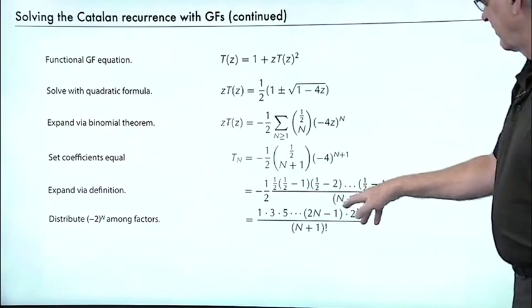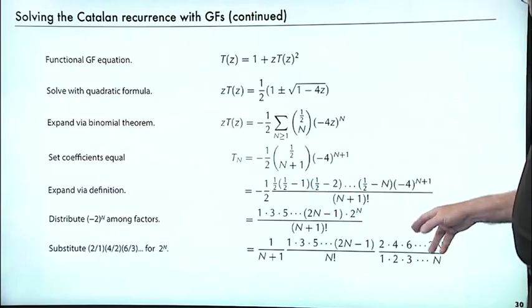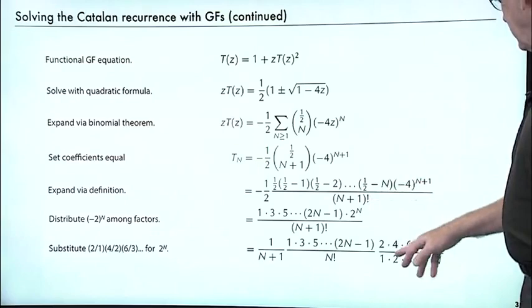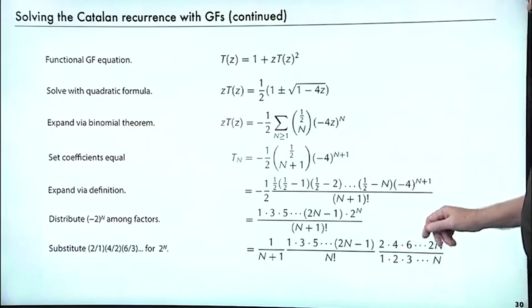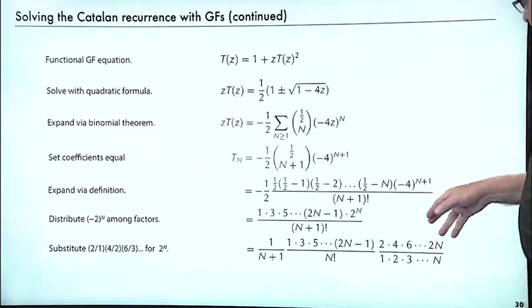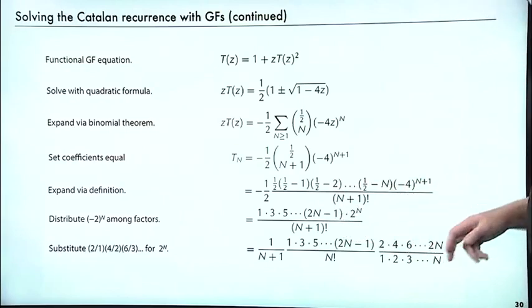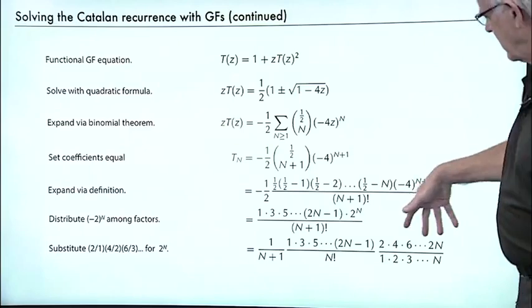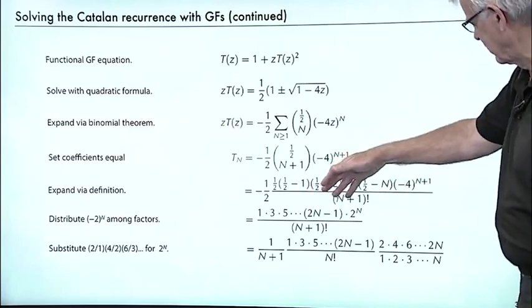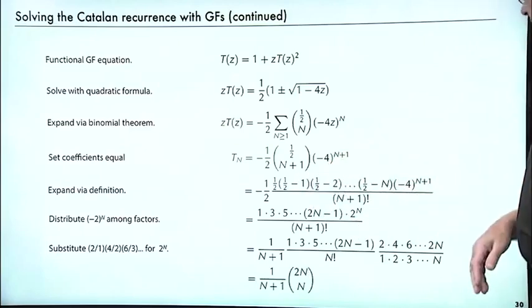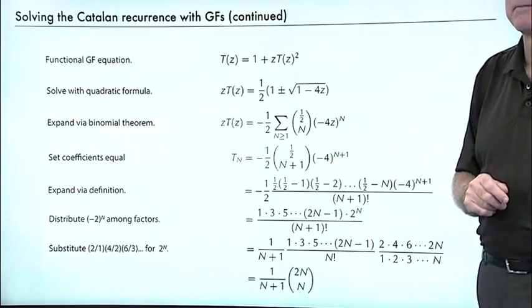And now, if you fill in the evens, so 2 to the n is 2 over 1 times 4 over 2, and so forth. So now we have the odds and the evens, and we have an n factorial. That's going to immediately give us 2n factorial over n factorial times n factorial, which is 2n choose n.